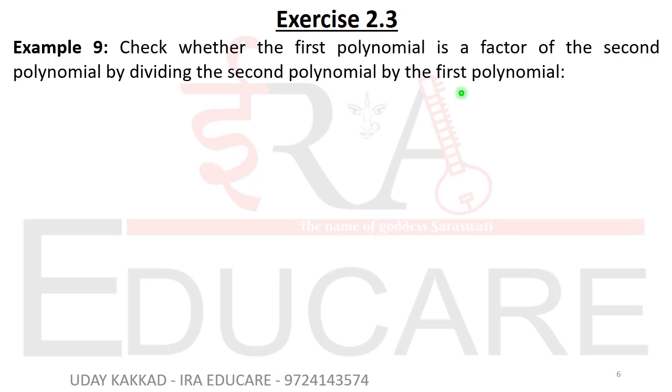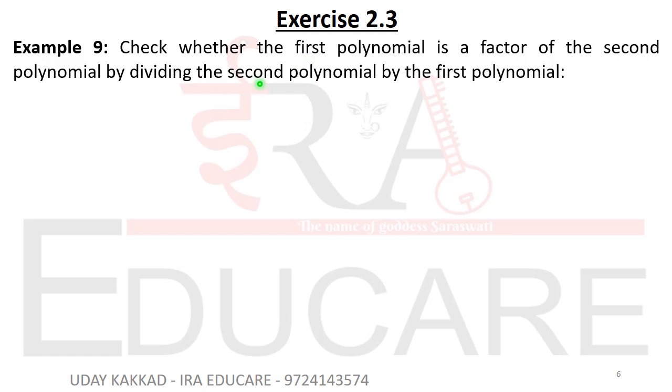How can you say? If you divide 8 by that number, you always get remainder 0. So here also a simple division is there. If the first polynomial is a factor of the second polynomial, then the remainder of the division is always 0.